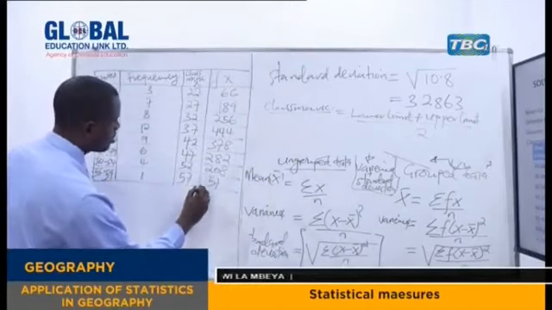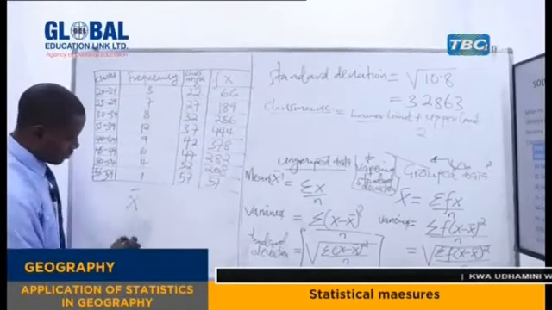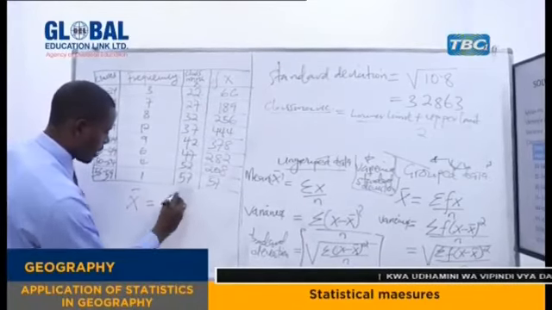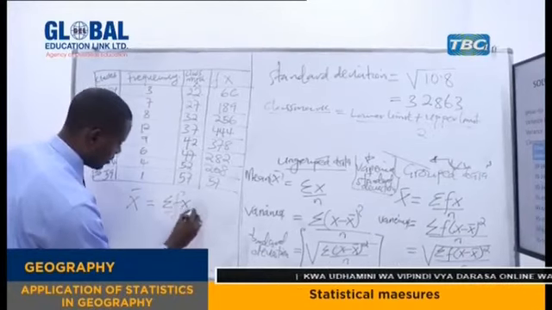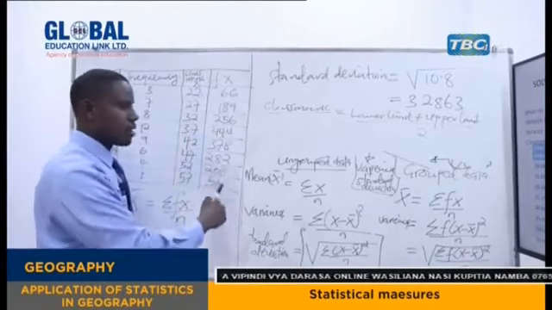Therefore, we have said the mean for grouped data is equal to the summation of fx, then you divide by n. So for that case, we should sum up that column.